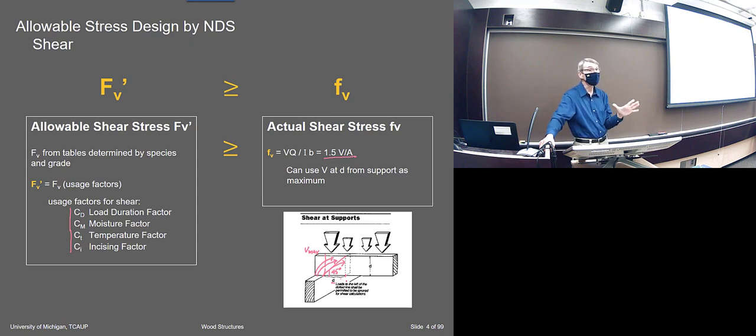So because it's not so critical, what we usually do is calculate V max, which is maybe a little bit easier than trying to subtract off the d distance shear. Just calculate the end reaction, the V max, and then see if it passes. If it passes, okay, you're fine, because that's bigger than what you really need to consider.